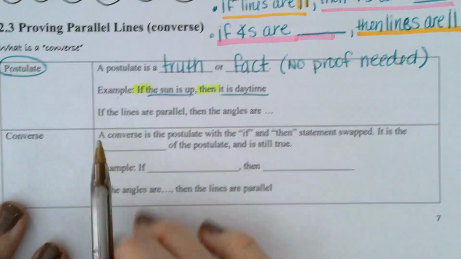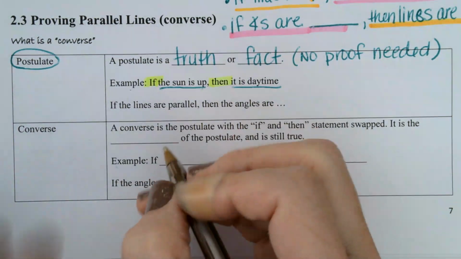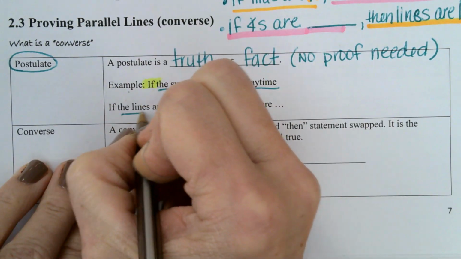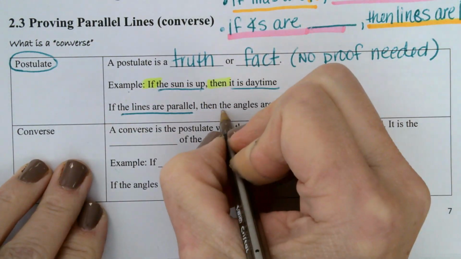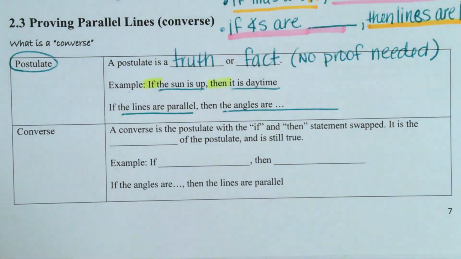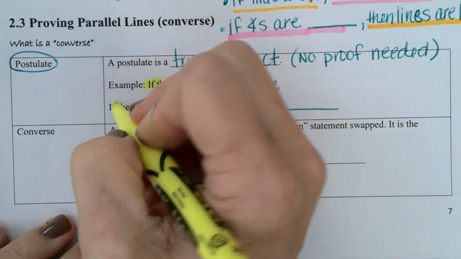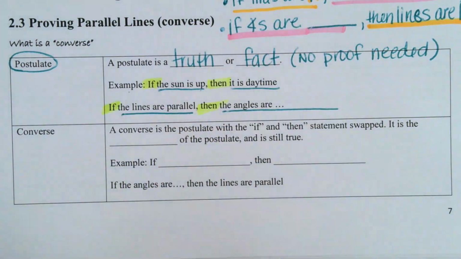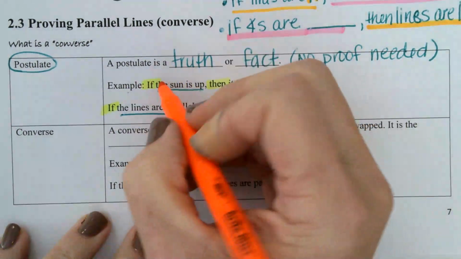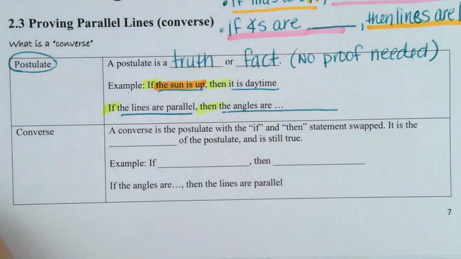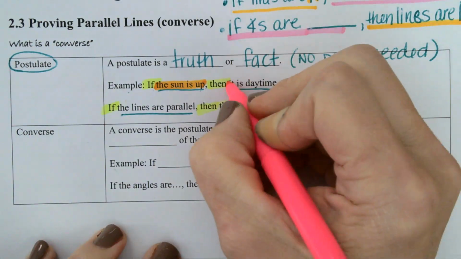All right, so here's another one. If the lines are parallel, then the angles are, and we would state their relationship. We still have an if-then. Now, the converse of that is where we just flip that. We just flip it. So, if the sun is up, then it is daytime.